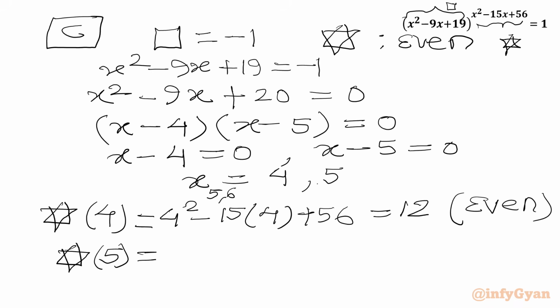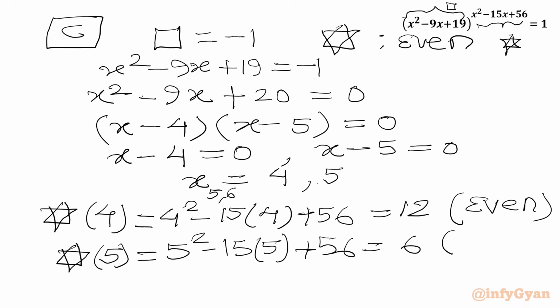Now star 5, we will write here 5 square minus 15 times 5 plus 56. 25 plus 56 will be equal to 81. 81 minus 75, we will write here 6, and 6 is an even number. So both x values are accepted. I will write x5, 6 equal to 4, 5.